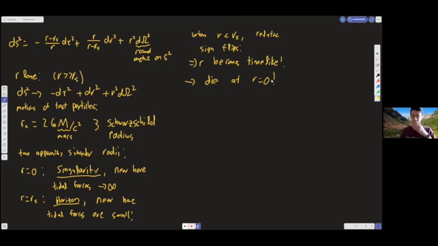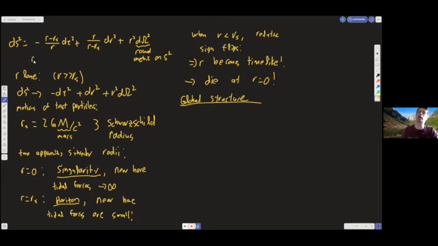Okay. Now to better understand, let's think more about the global structure of this. Okay. So the metric written this way is called the Schwarzschild metric, but moreover, it's in a specific set of coordinates.